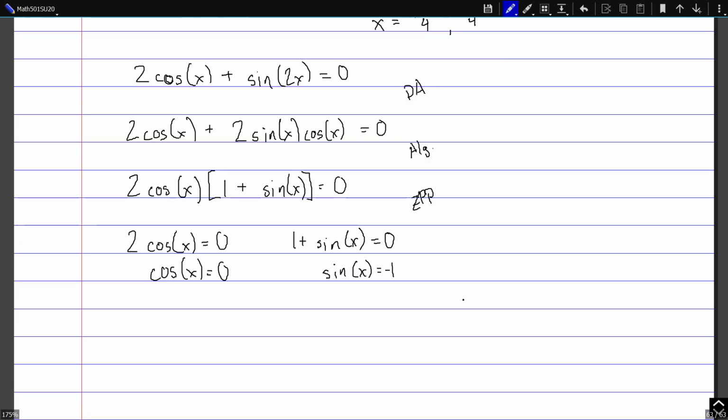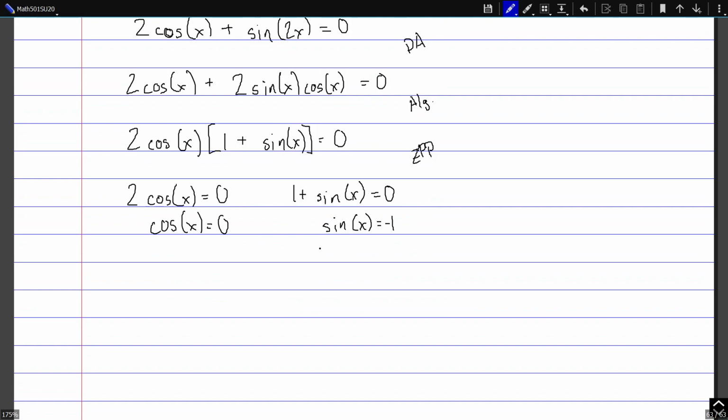Now all we need to do is find the values where these statements are true. In this case, for cosine of x equal to 0, we know that this occurs in two different places. This occurs at pi over 2 and at 3 pi over 2. These also should have their general form, so plus 2 pi n.